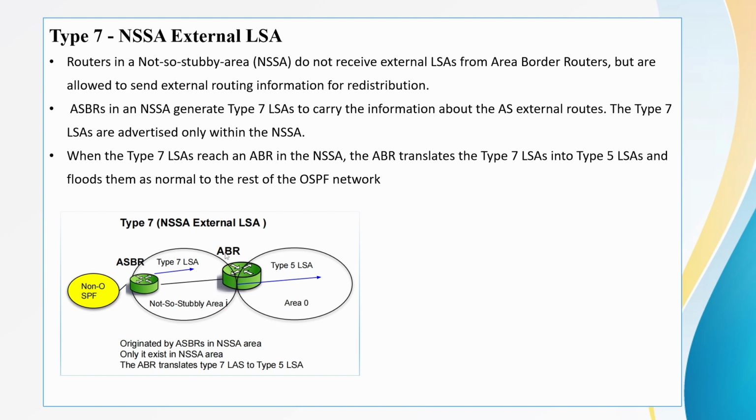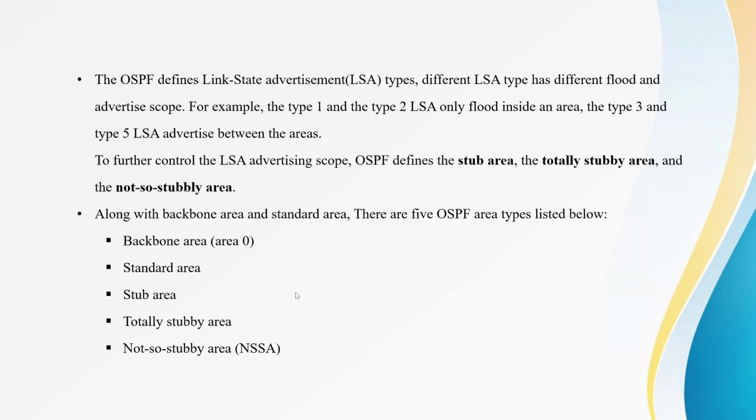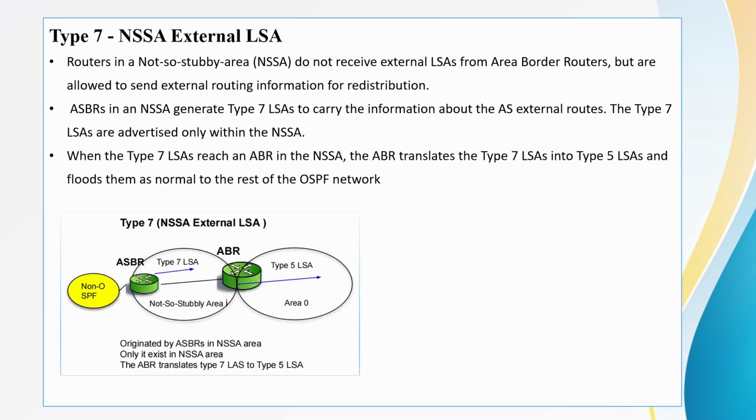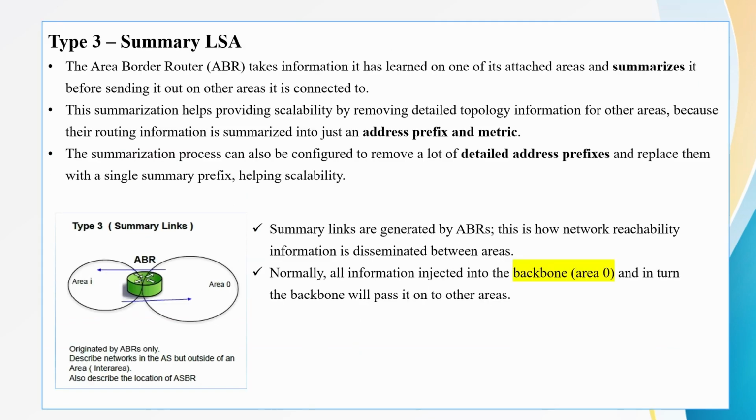When the LSA reaches the ABR, it translates this type 7 LSA to the type 5 as normal. So we can take a look.